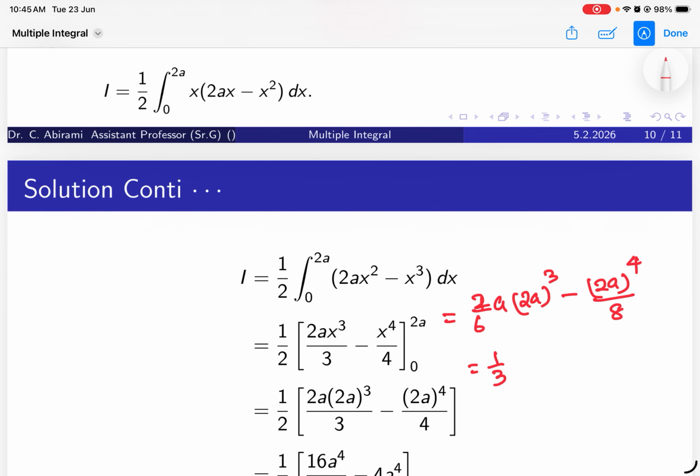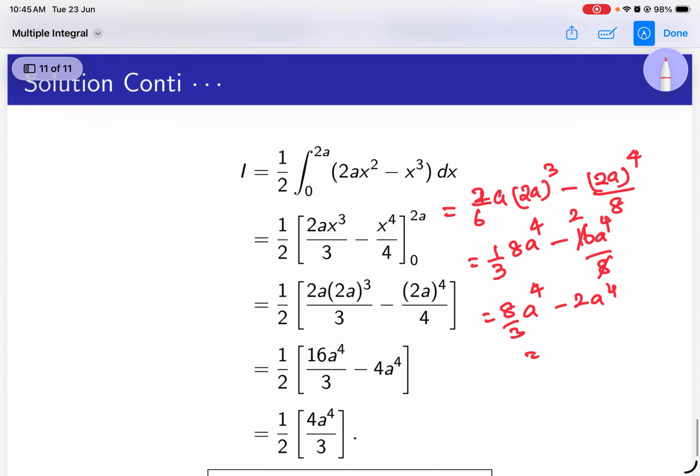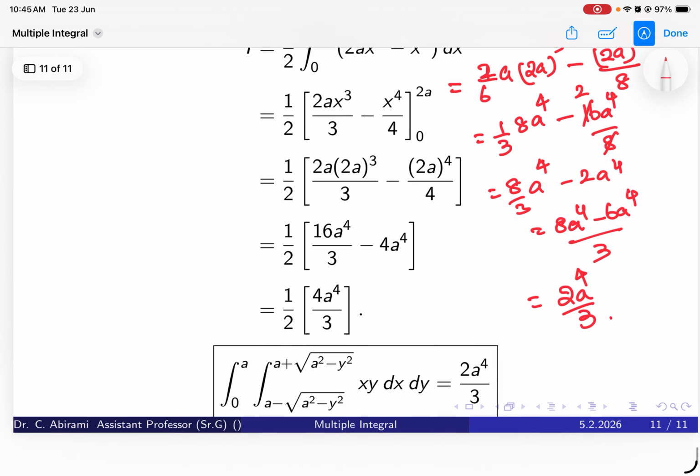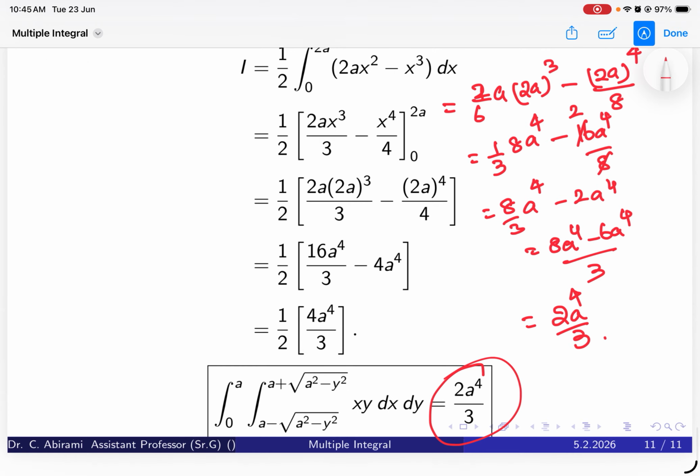So 1 by 3, 2 cubed is 8, a power 4; 2 power 4 is 16, a power 4 by 8. 8 twos are 16. 8 by 3 a power 4 minus 2 a power 4. If I take the LCM, 8 a power 4 minus 6 a power 4 divided by 3, that is 2 a power 4 by 3. This is the final answer: 2 a power 4 by 3.